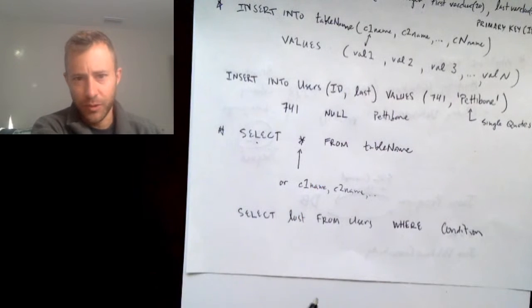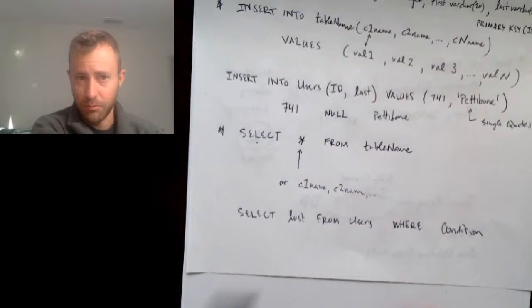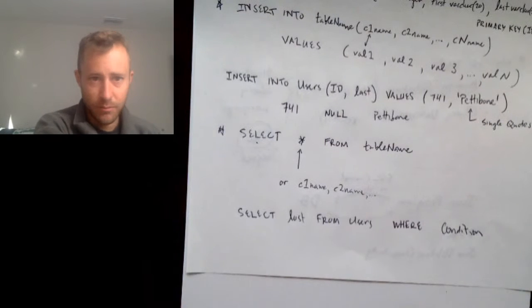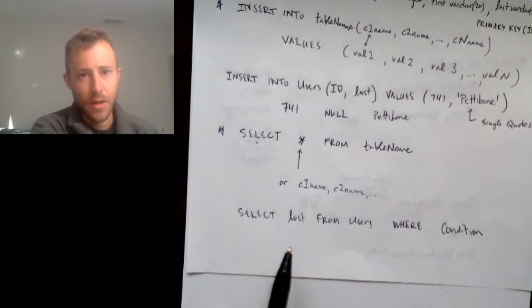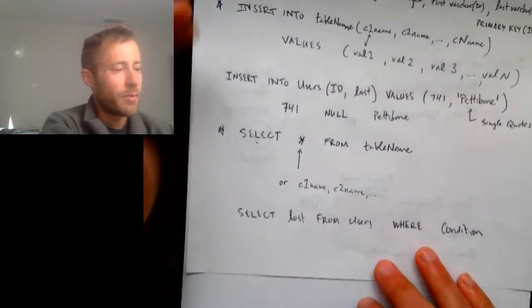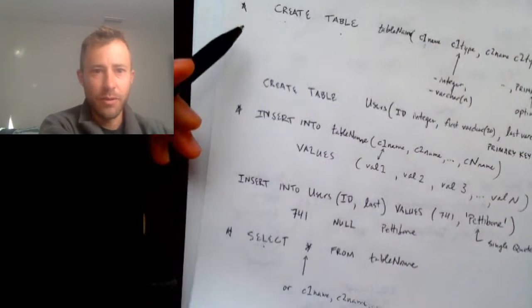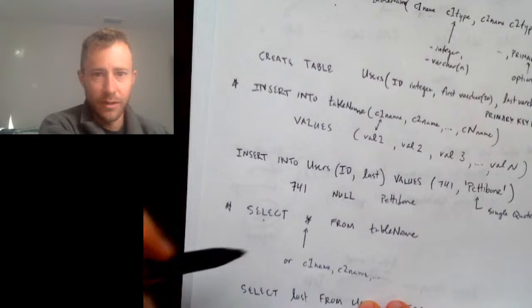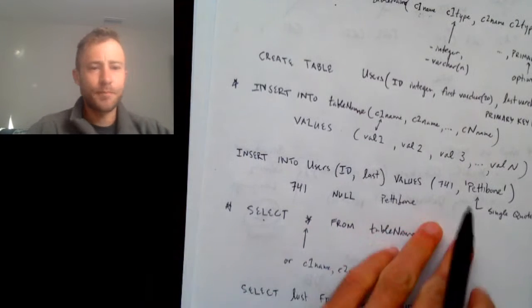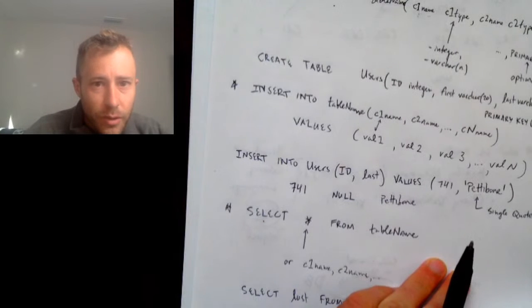So for example, you could select all users where the last name starts with A or something like that. Okay. So anyways, these are the 3 commands. We need to know how to create a table, put rows into the table, and get results from the table. So at this point, I'm going to show you the code.